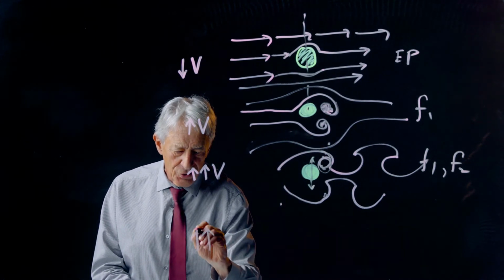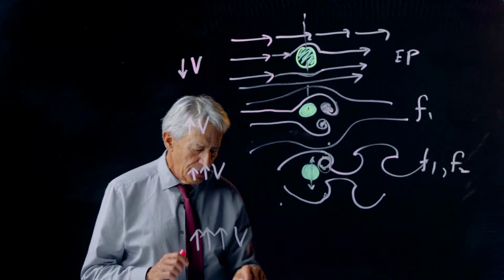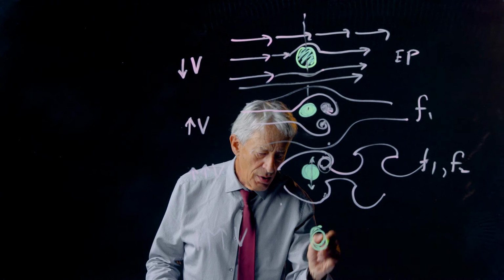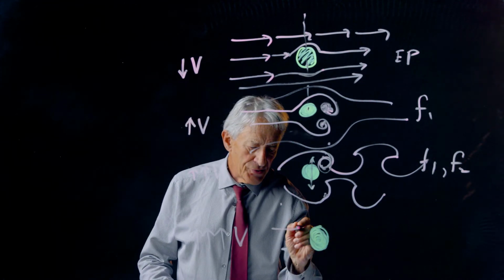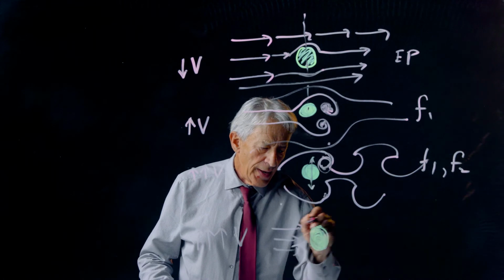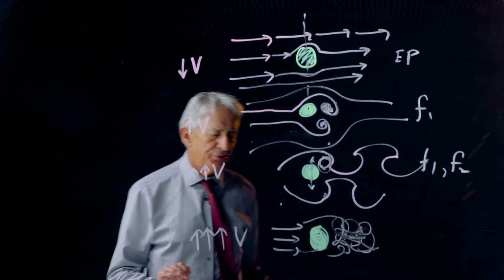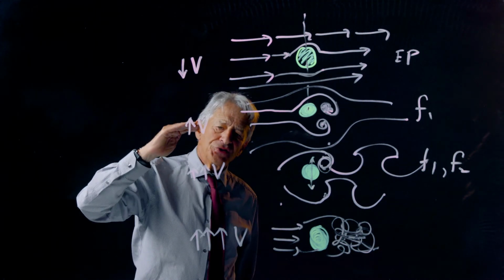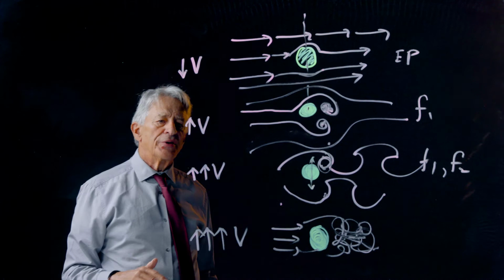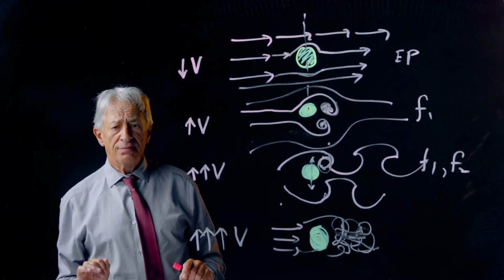But if you increase the velocity substantially, now here is our obstacle, and here is our flow, and the flow behind the obstacle is fully turbulent. So the transition to turbulence in fluids is a route to chaos.